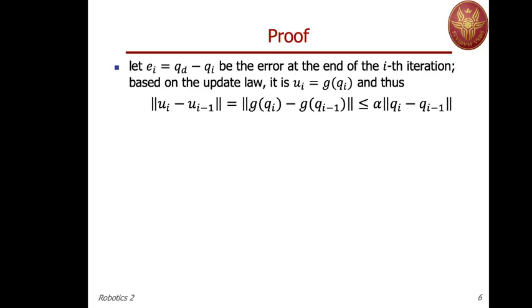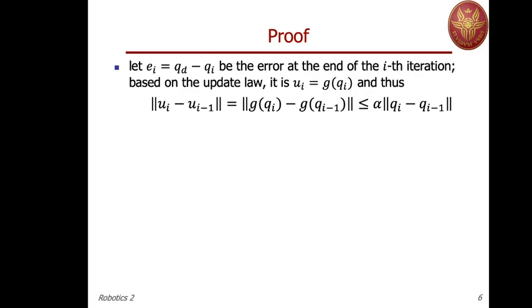The proof uses the concept of contraction mapping, and this is interesting per se. It is quite simple. So let's define Ei as the error reached at the end of the ith iteration, so Qd minus Qi.